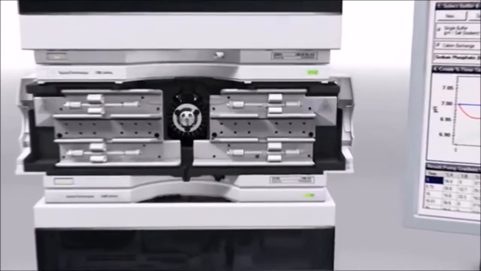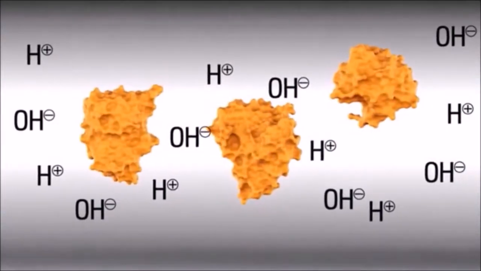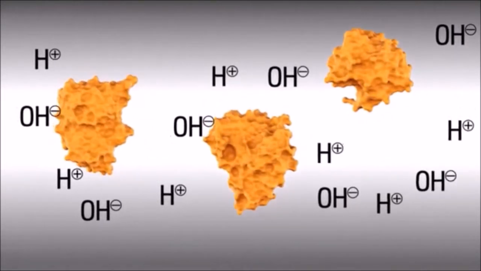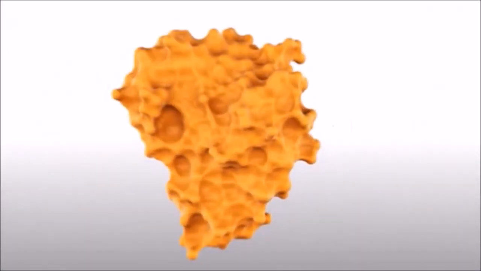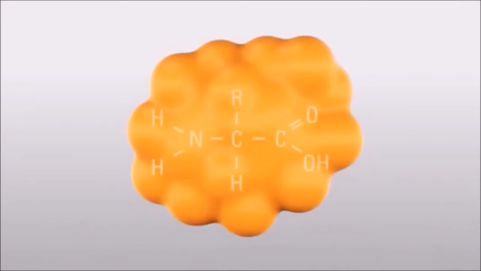A typical application of ion exchange chromatography is the analysis of proteins. Buffer systems ensure that the proteins remain in their native states. Proteins consist of amino acids. Their amine and carboxylic acid functional groups make them ampholytes or zwitterions.